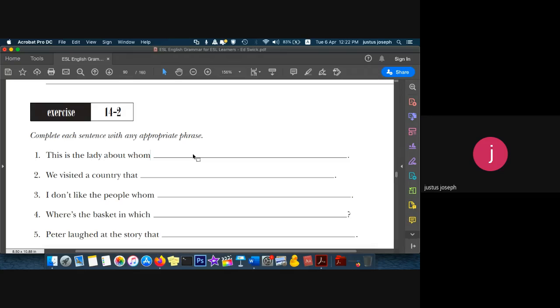We visited a country that was very rich. Give me a word for very rich. Cultural heritage. Expensive. Can we say that a country is expensive?